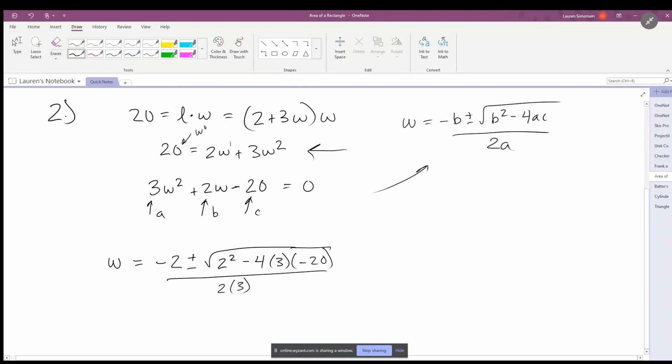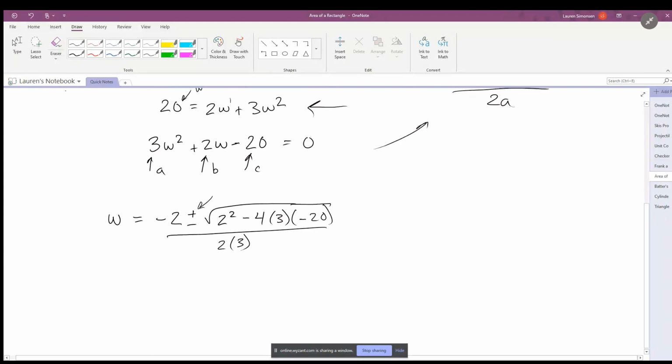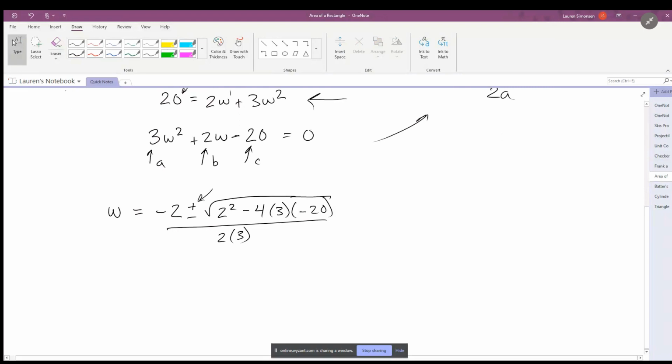So there's our expression. What this plus and minus sign means is that you have 2 answers here, because the square root will give you either a plus or minus answer. So you have to run 2 calculations. Let's write both of those out.